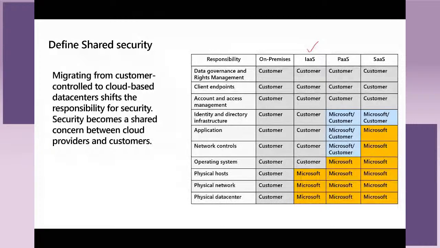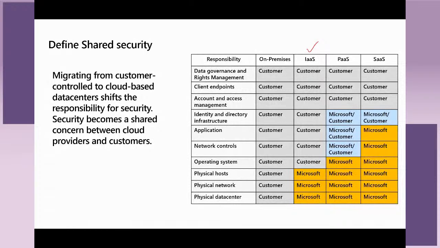The data center, network and host are completely provided by Azure itself, so they take care of their security. But once the virtual machine is created and given to you, it is your responsibility to ensure that all your defenders and endpoints are configured, so you'll have to take care of it.